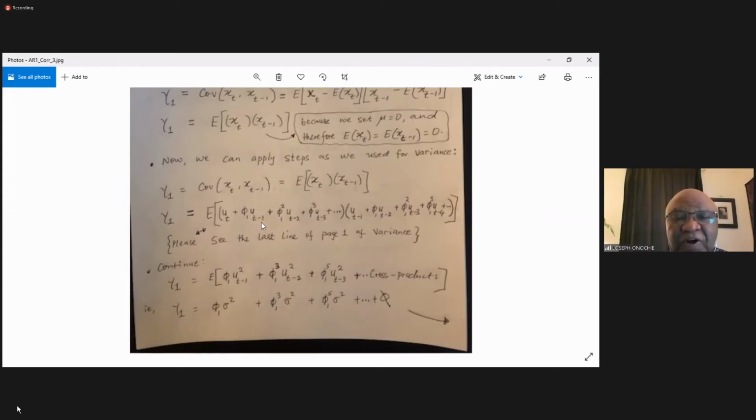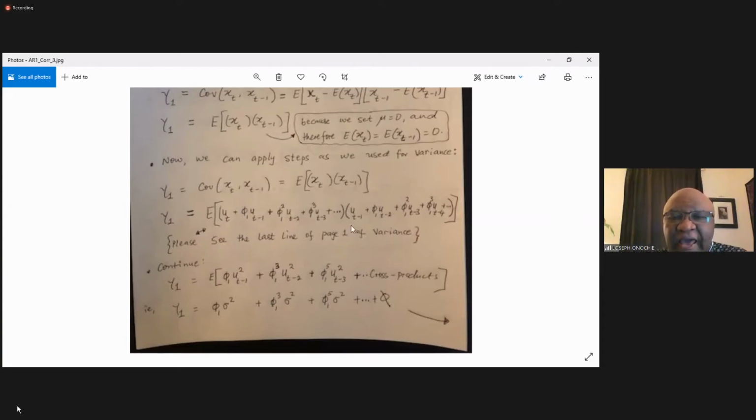Then phi1 ut minus 1 times phi1 ut minus 2 is phi1 squared, ut minus 1 and ut minus 2. But you remember I said on Thursday that when I take the expectation of ut minus 1 and ut minus 2, two different lags, what happens to that result? It becomes 0.